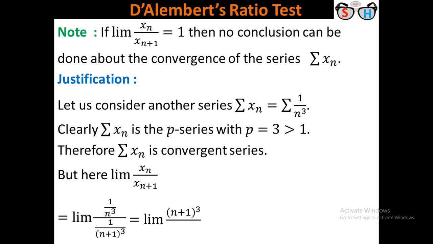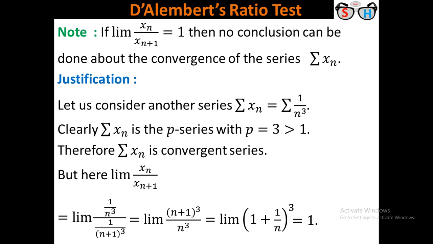As a result, this is equal to n plus 1 whole cube by n cube, which is 1 plus 1 by n whole cube, which is 1. So here the limit is 1. In the first example the limit is 1 but the series is divergent, but here the limit is 1 and the series is convergent. So if L equals 1, then the series may or may not converge. So you cannot conclude in D'Alembert's test for L equal to 1.